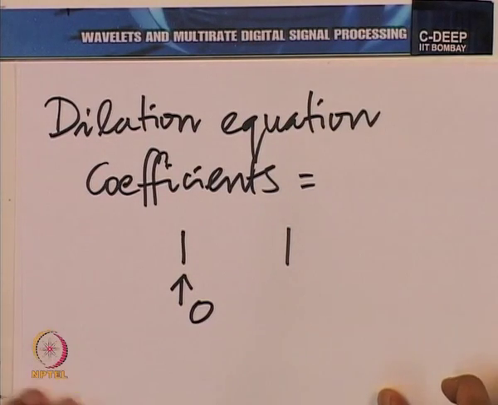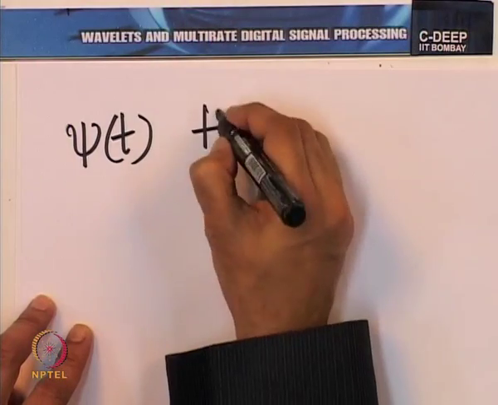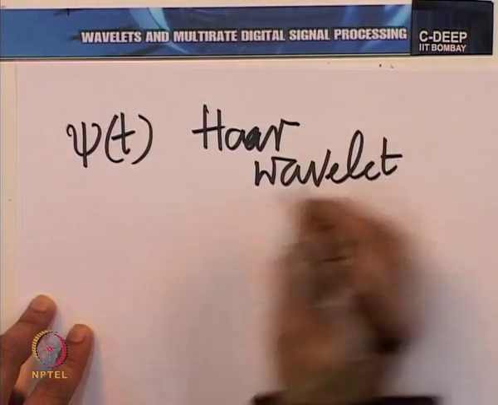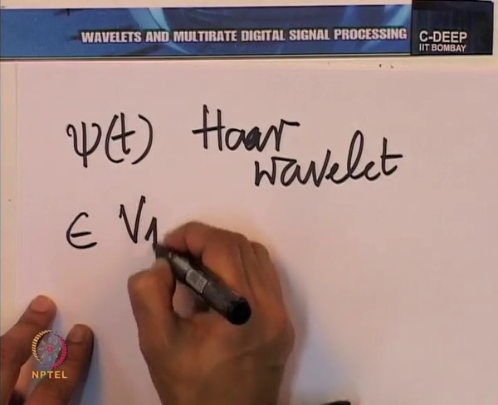Let us carry out a similar exercise for the wavelet now. So, let us take the Haar wavelet and let us express the Haar wavelet also in terms of the basis of V 1. And what is our ground for doing so? Let us put it down clearly. You see, recall that psi t, the Haar wavelet, for example, also belongs to V 1.